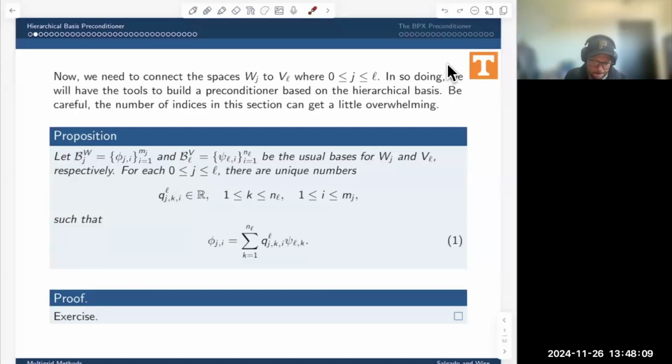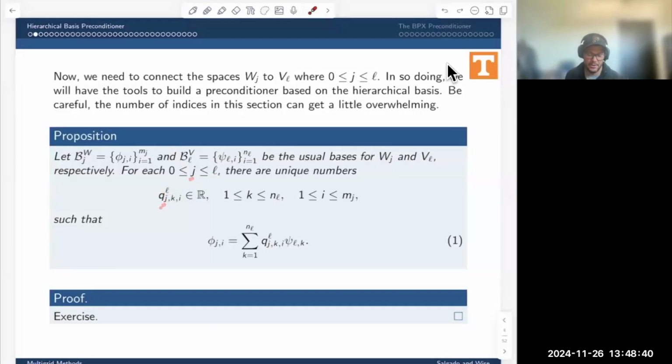So for each j between 0 and L, there are unique numbers Q_{J,L,K,I} in the reals, for each K between 1 and NL. K has NL indices, and I has MJ indices. We're ultimately looking at level L as being the highest level, and level J as the intermediate level.